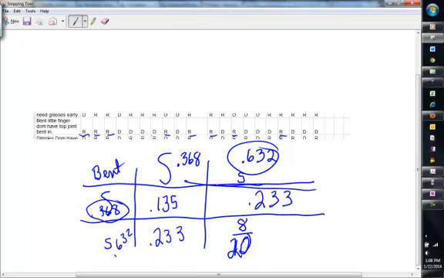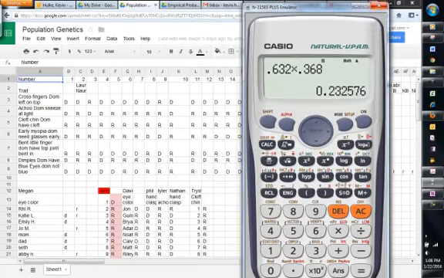So all four of these, oops, I'm going to change colors. All four of these add up to 100%, or one whole, all of the different choices.